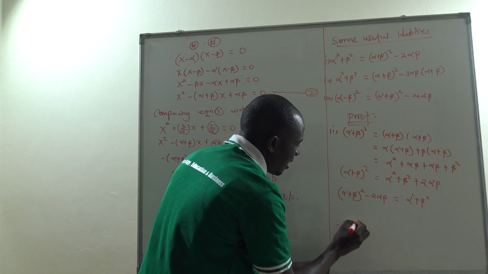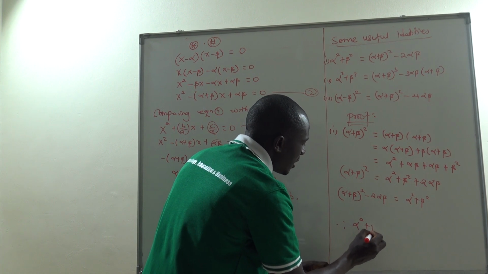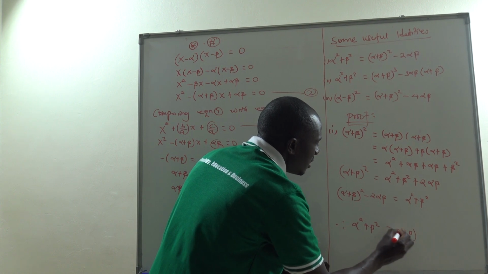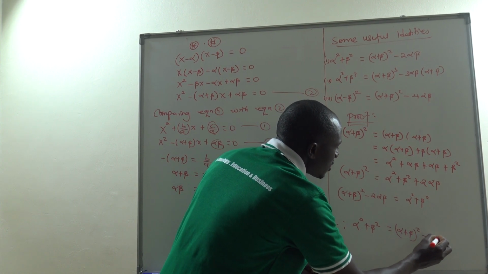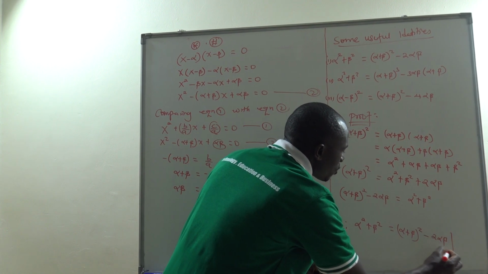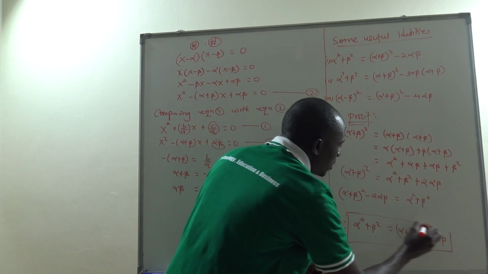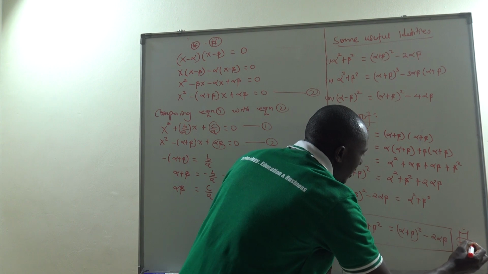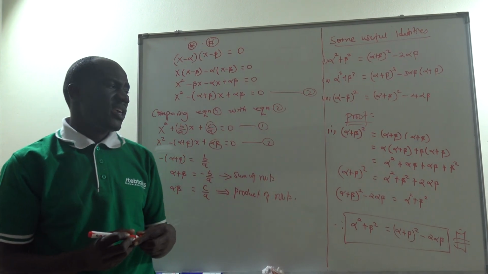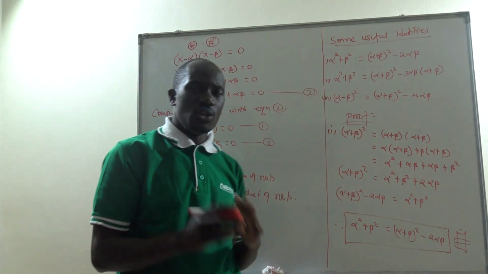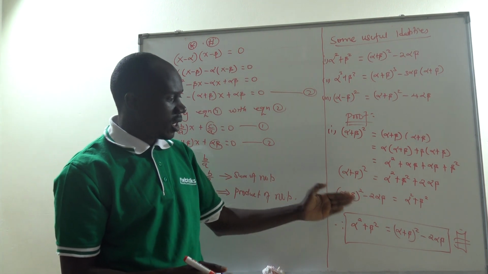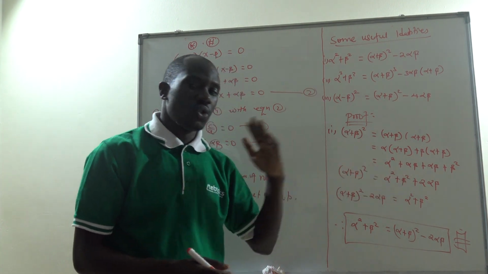So therefore, alpha squared plus beta squared is the same as alpha plus beta squared minus 2 alpha beta. Whenever you see alpha squared plus beta squared, just put this one as required. So I've tried to prove where it came from. This one came through the expansion of that.